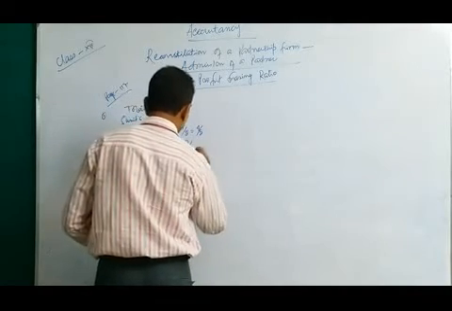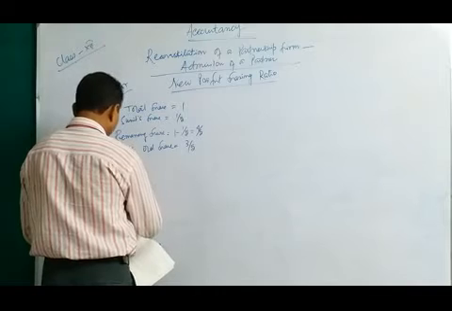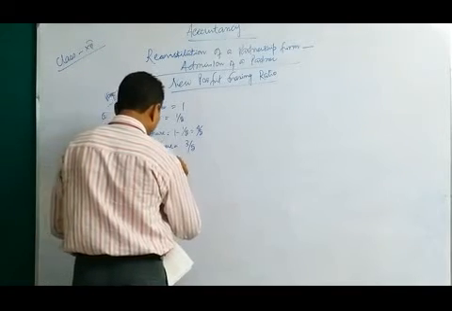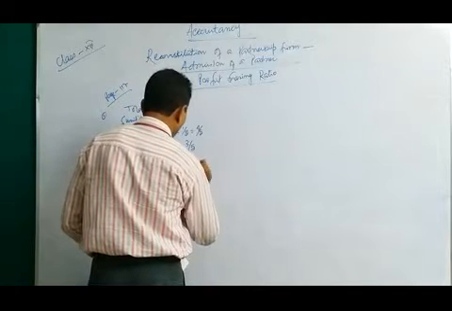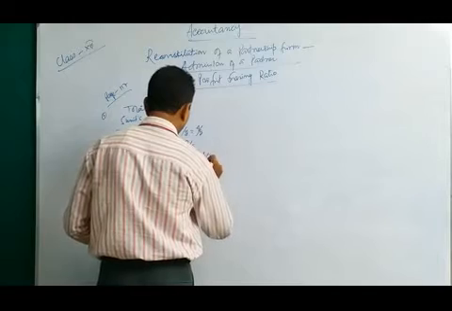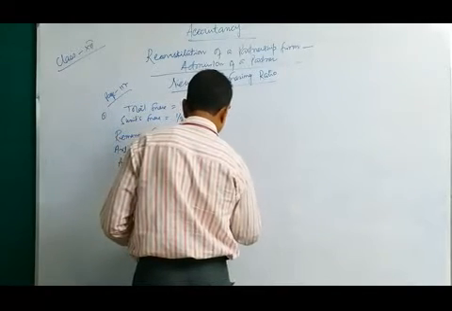Now Anil's old share is 3/5. So Anil's new share is 3/5 into 4/5, which is equal to 12/25.